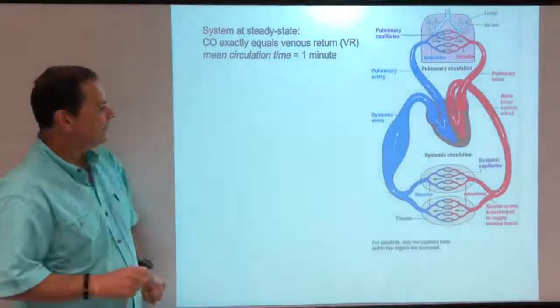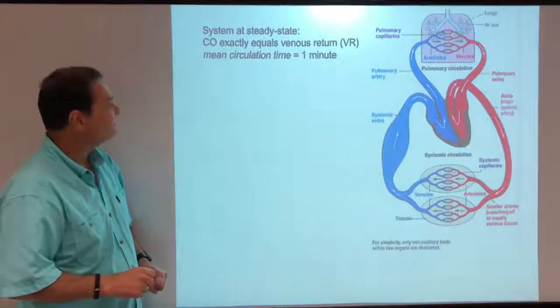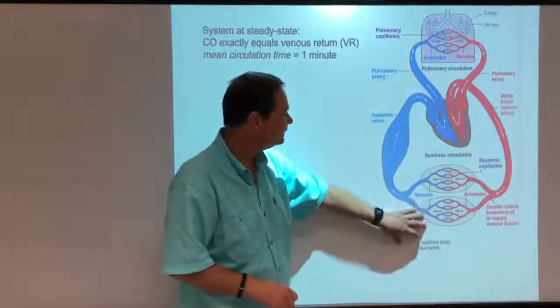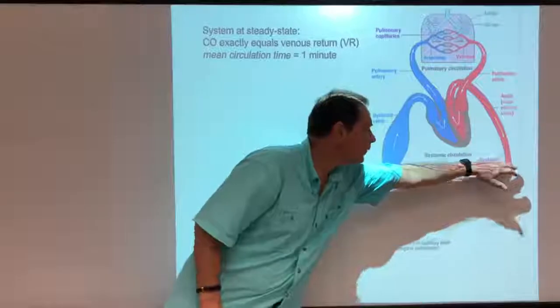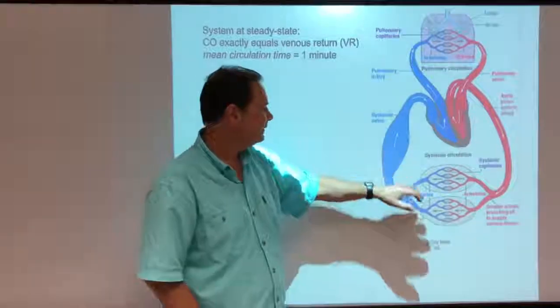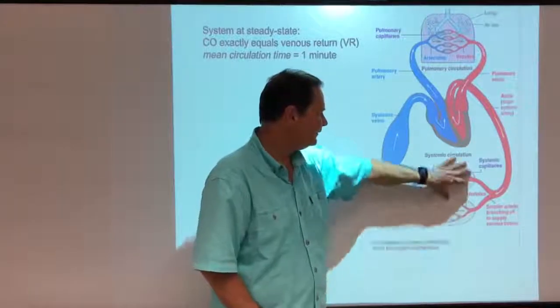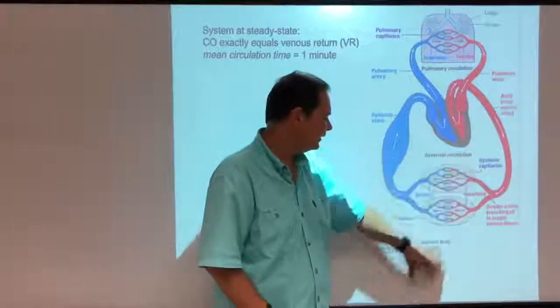Here is our cardiovascular system right here: heart, arteries, veins, and capillaries. These are your capillary beds.